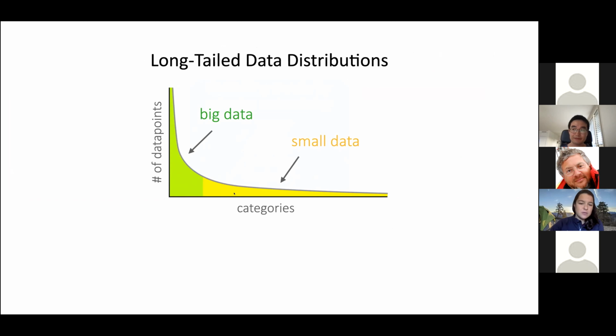This could be over categories, over lots of different things, or over tasks, for example. We know that a lot of machine learning models do very poorly on the tail of the distribution, and we'd like to understand why, and ultimately have them do better on the parts of the distribution with a small amount of data.